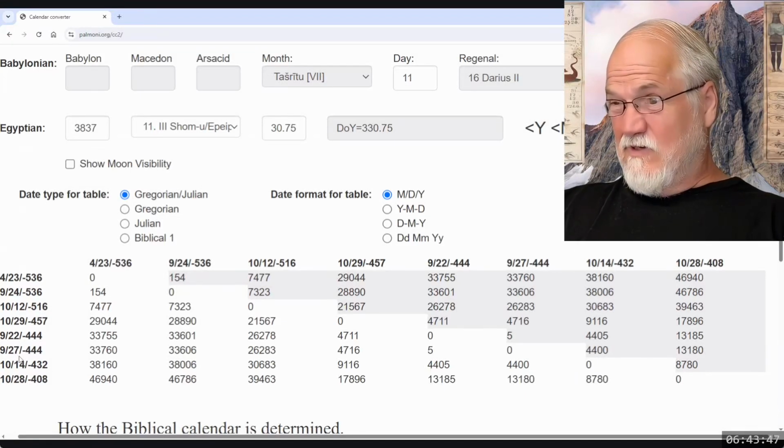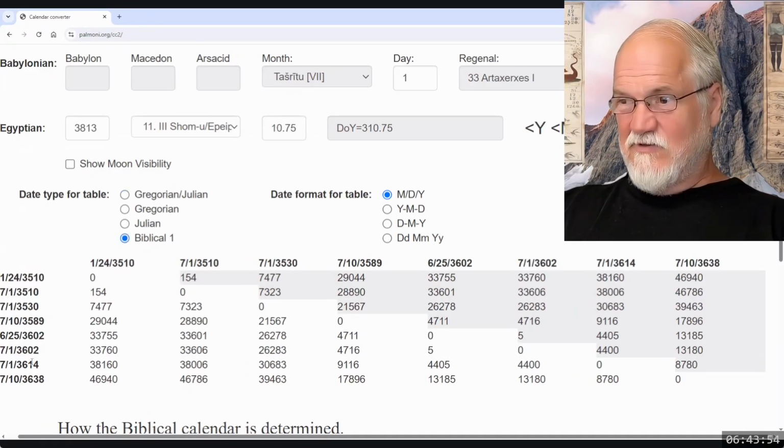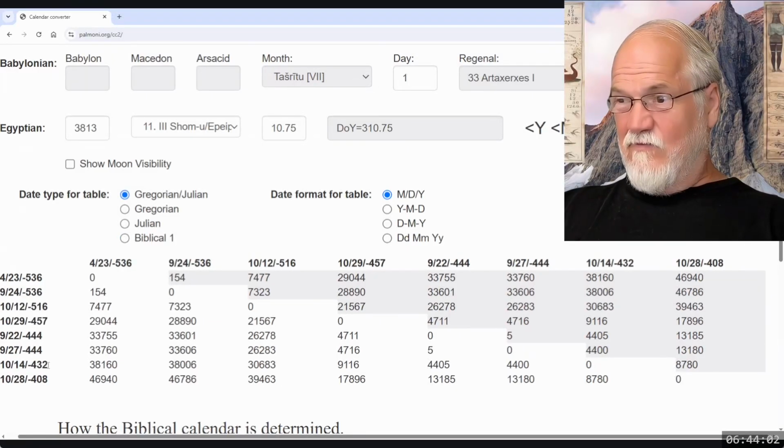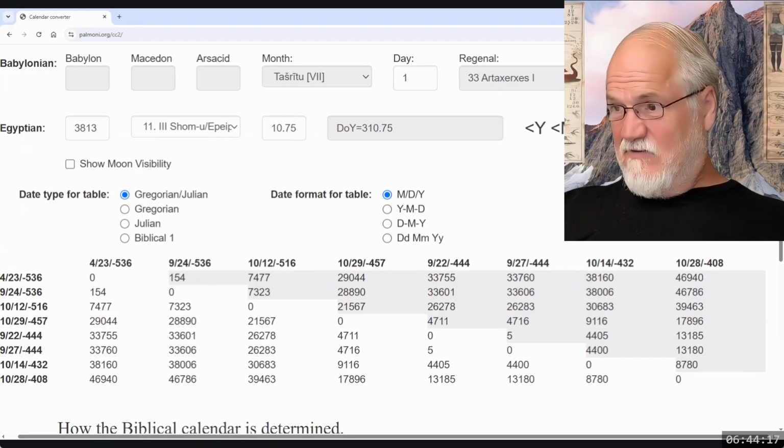If I end up going to this date here, October 14th in 432, we can put the biblical dates there. You'll see that's the first day of the 7th month in 432. So that's Nehemiah 13. And so we're saying from Nehemiah 13 to the end of the 7 weeks is 8,780 days.